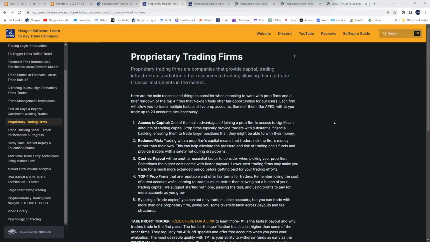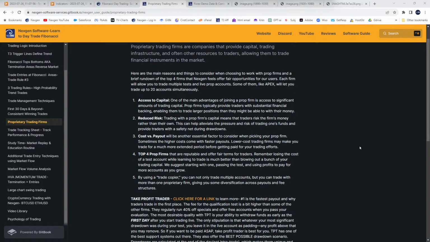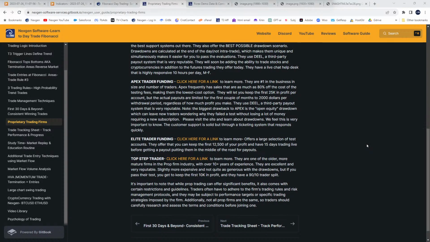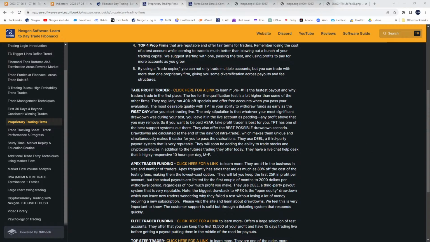I put some basic information, if you're new to trading or you're new to Nexgen. I put 4 different prop firms in here. These are the same ones that are on our resource page on the website.